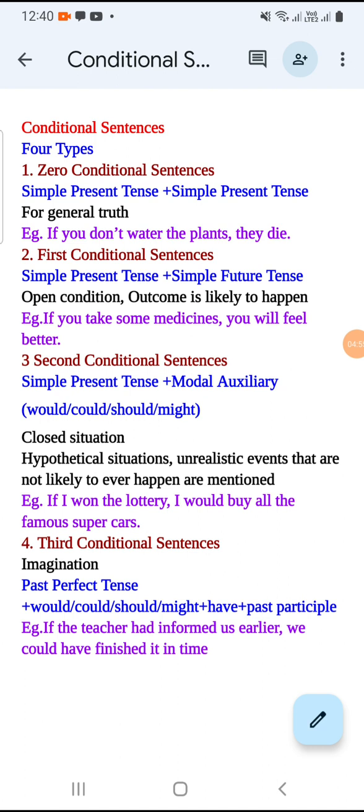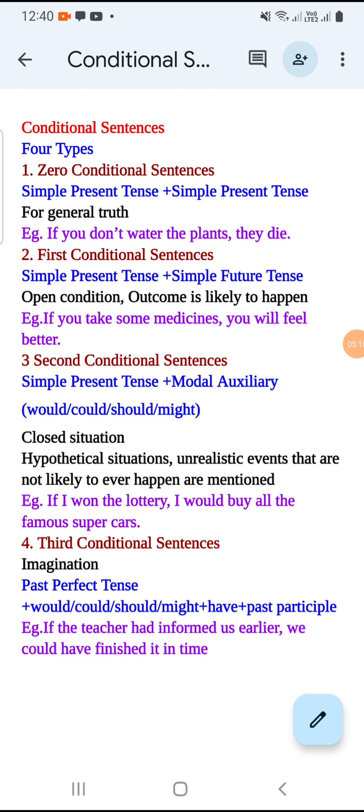So please take care when you use it. You don't have to apply much brain. You just have to remember that it's simple present tense and simple present tense.